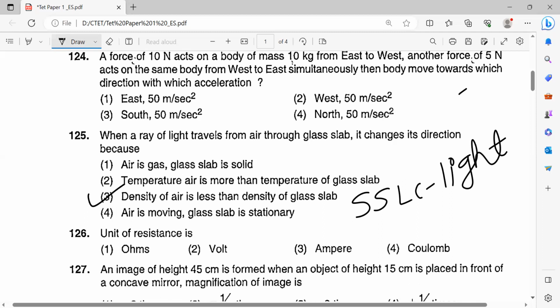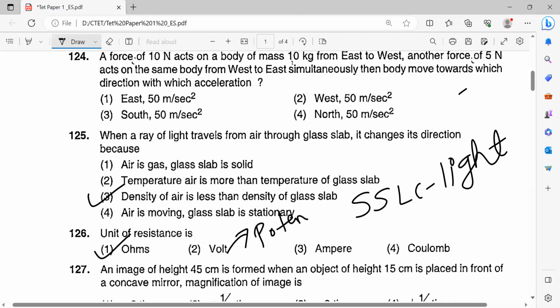Next, the unit of resistance is... Resistance means opposition occurred for the flow of current. So the unit of resistance is ohm. Volt is the unit of potential difference.